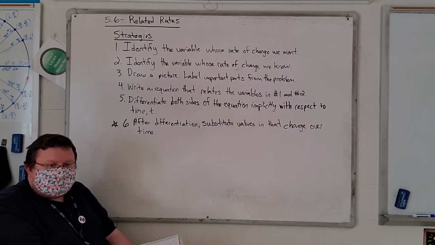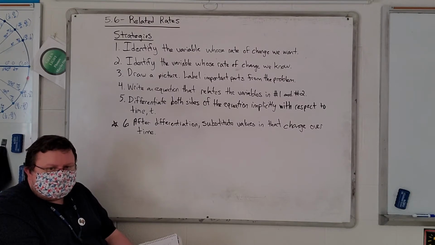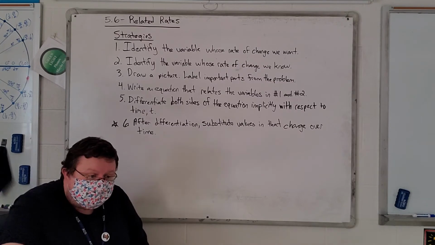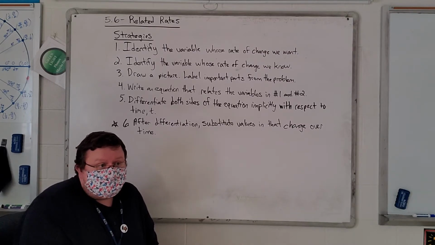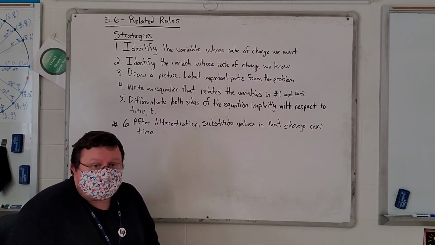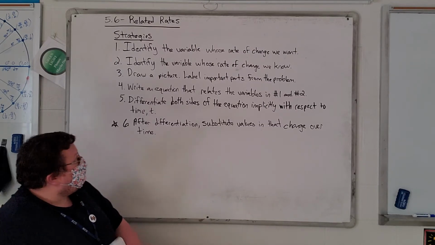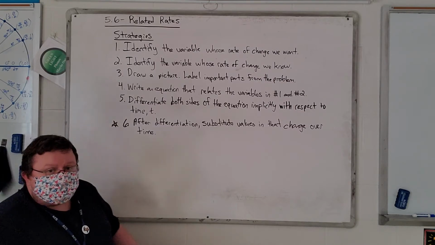When the radius is 5 centimeters, how much is my radius changing by? The radius is going to change over time, it's not going to be 5 centimeters the whole time because I'm decreasing the volume. That 5 centimeters cannot be plugged in until after differentiation. I have to do number 5 first before I can plug in things that change over time.